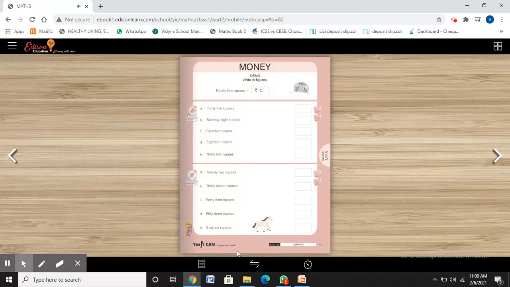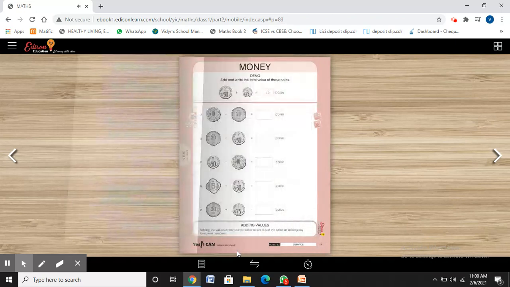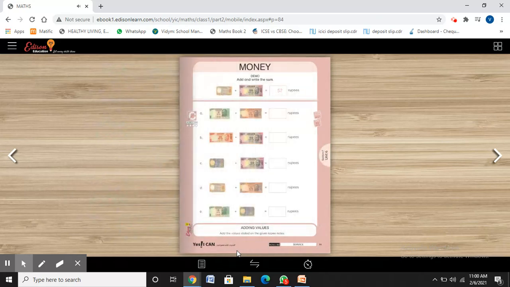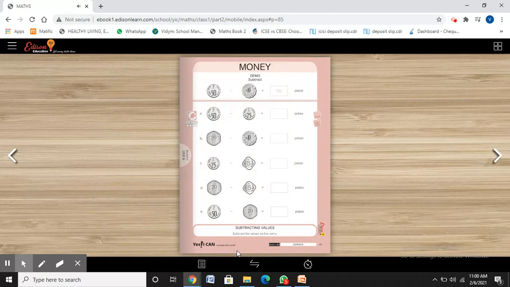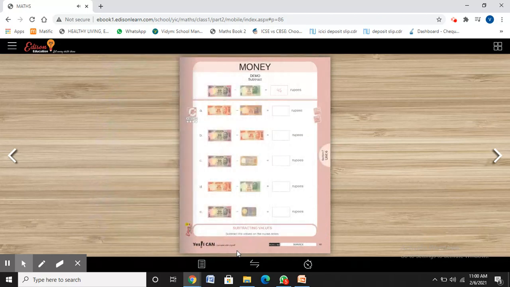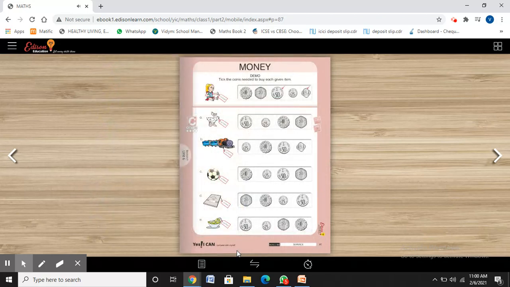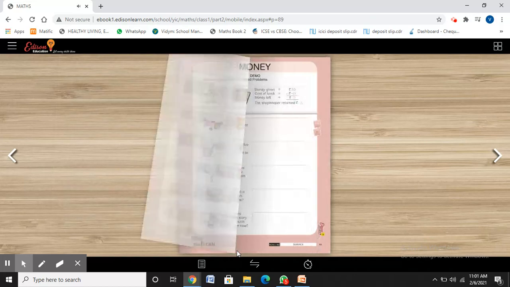Then we convert the words into number form. Then the addition of paise with paise and rupees with rupees. Then subtraction of paise from paise and rupees from rupees. Then we pick the coins needed to buy each of the given items. According to the price of that item, we select our coins and rupee notes.